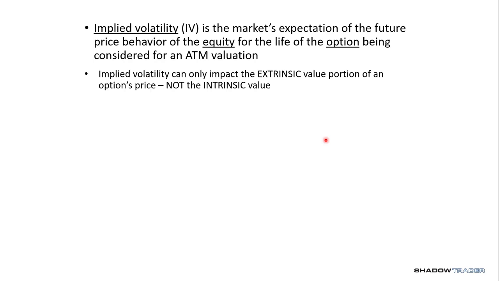Implied volatility can impact only one portion of the option's pricing. That's the extrinsic value. That's the value that rises or falls with market risk, that rises, typically falls, with time eroding, and can rise or fall with the underlying equity's price movement.